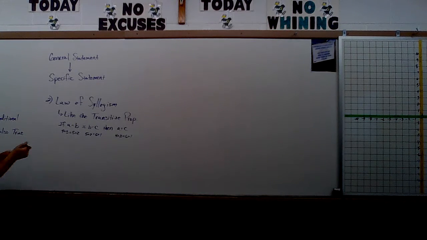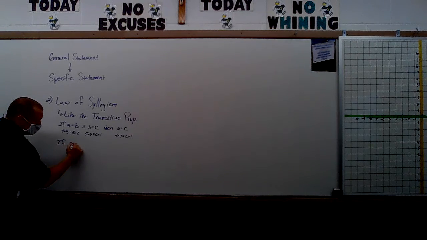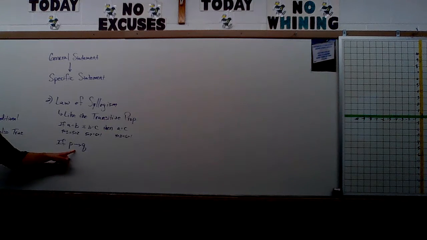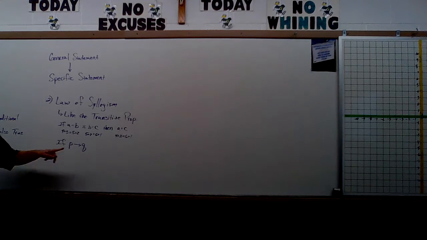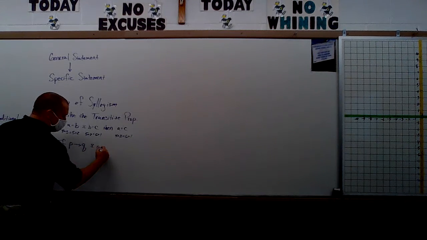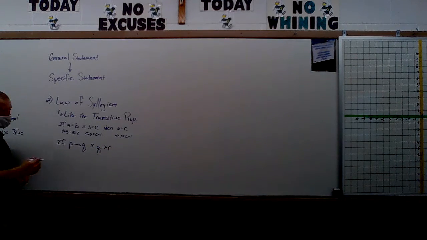So in conditionals, this is if P is to Q, so we make some kind of statement, a conditional, that P is to Q, and Q is to R, then what?